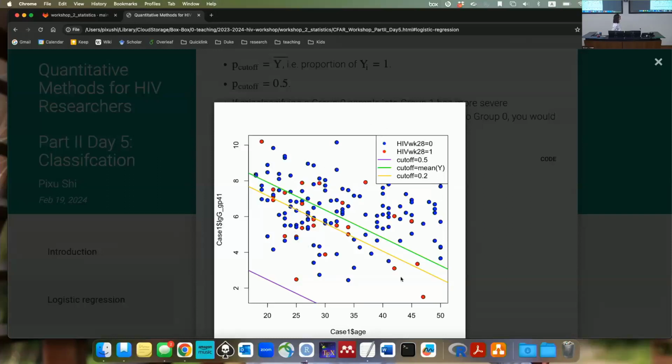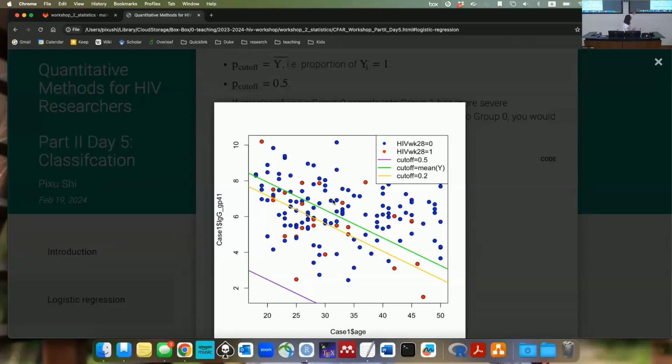And where you separate this, how the line is angled, is determined by your regression coefficients and where you choose the cutoff probability. So the slope of this line is determined by your regression coefficient. And where the line shifts is determined by your cutoff probability.